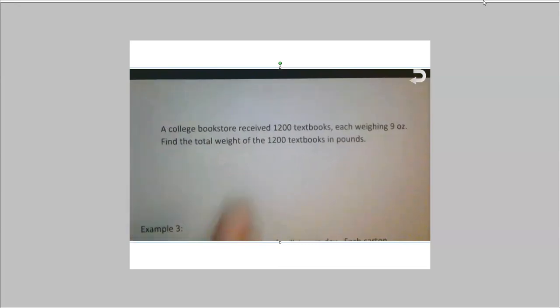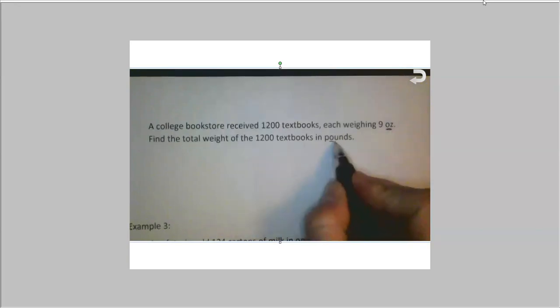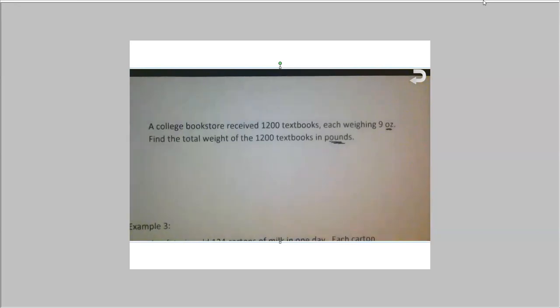All right, here's a good one. A college bookstore received 1,200 textbooks, each weighing 9 ounces. Find the total weight of the 1,200 textbooks in pounds. So you've got to read this carefully. Read it 2 or 3 times if you have to, to understand what's given to you and what it's asking. I know the weight in ounces, but I'm looking for the weight in pounds, okay?